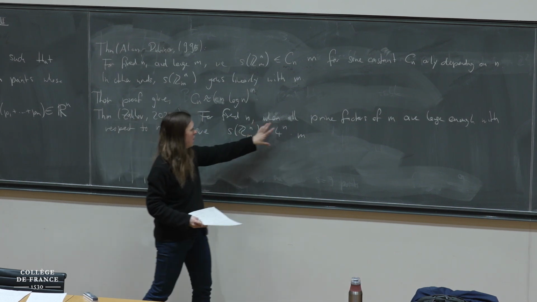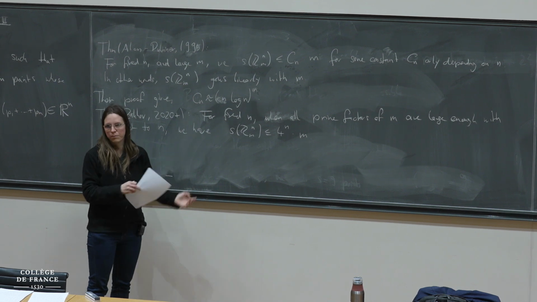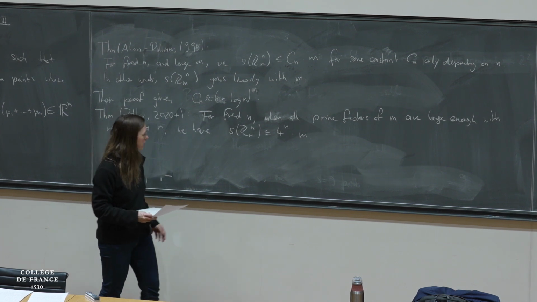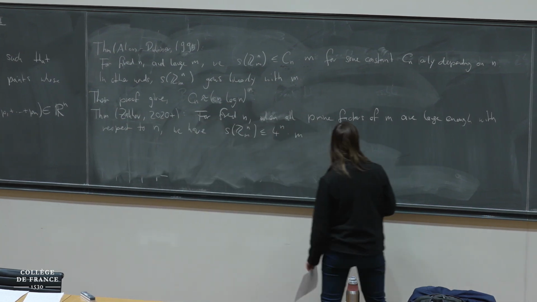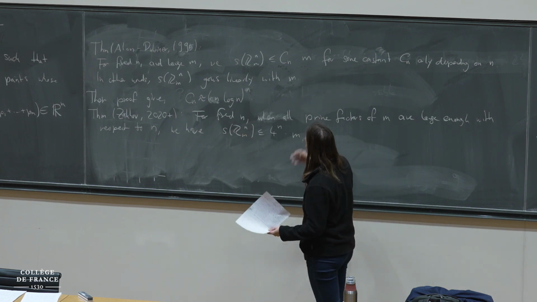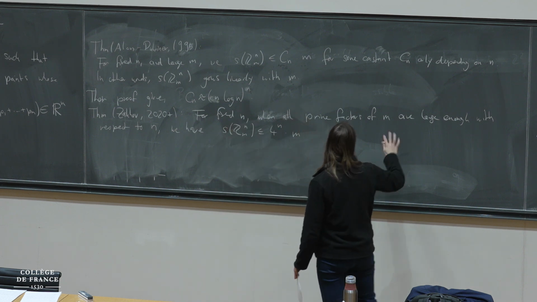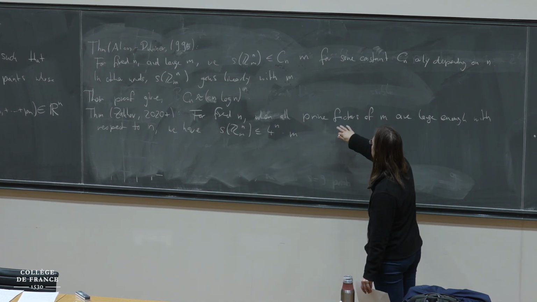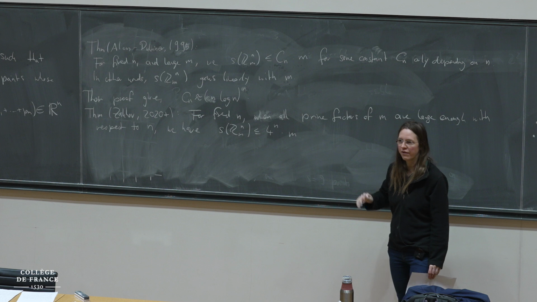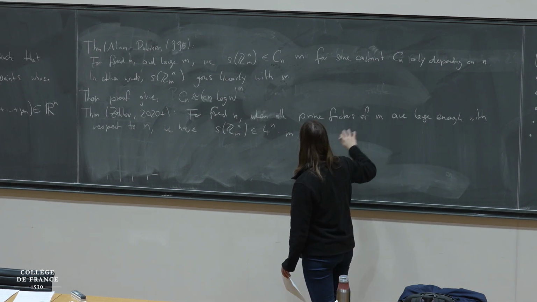And so that means this bound really is of the correct shape because it matches the shape of the lower bound. Unfortunately, there's this little caveat that if you fix n and you want to make m large, then naturally you would assume n is fixed and m is large. Here you have to assume a little bit more. You have to assume that all prime factors of m are large enough. So it doesn't immediately apply for all large m, right?